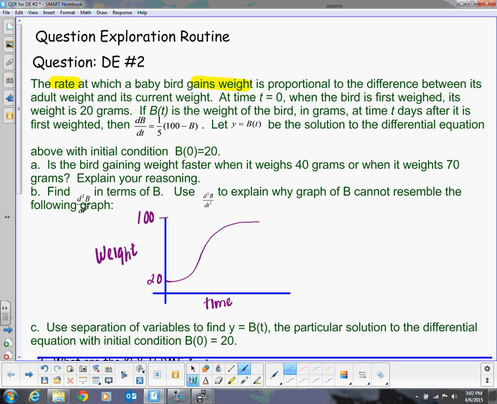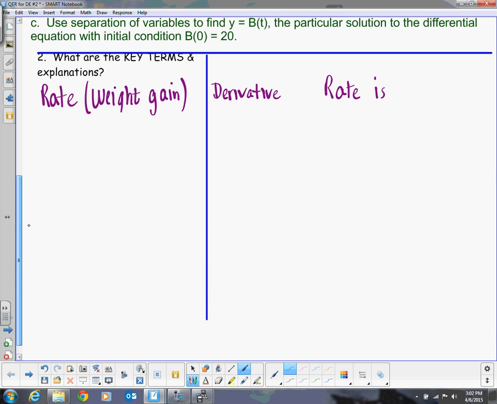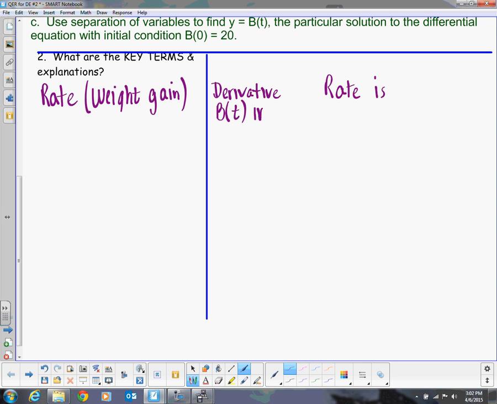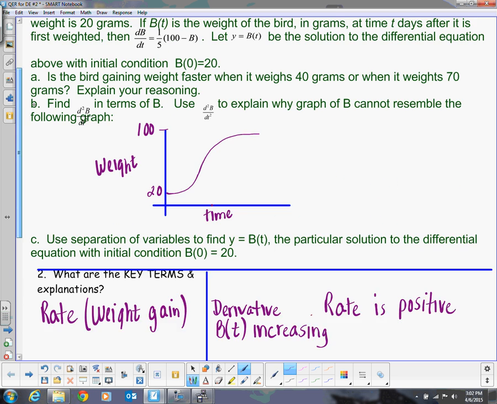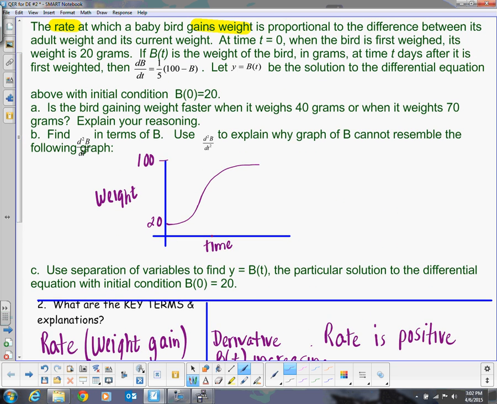This is a weight gain, which means my B of T should be an increasing function, because it's all about the weight gain, which means that the rate is positive. The rate should not be negative because the bird is gaining. All right, so that's where I got the weight gain.